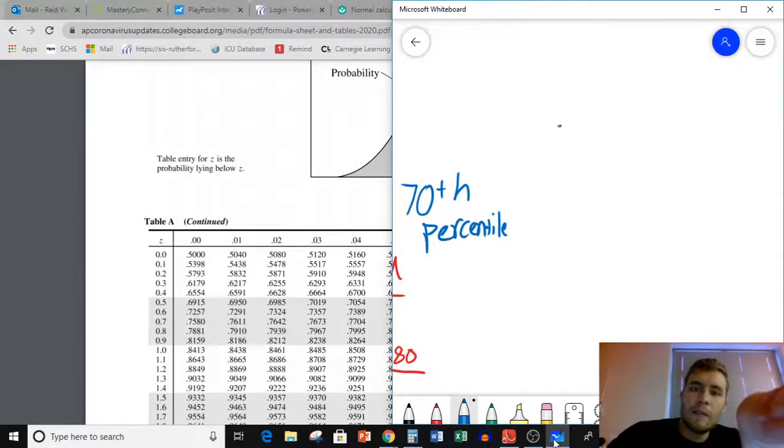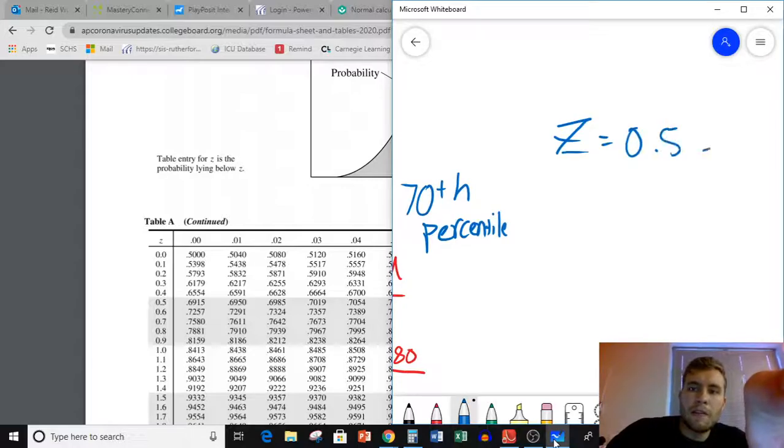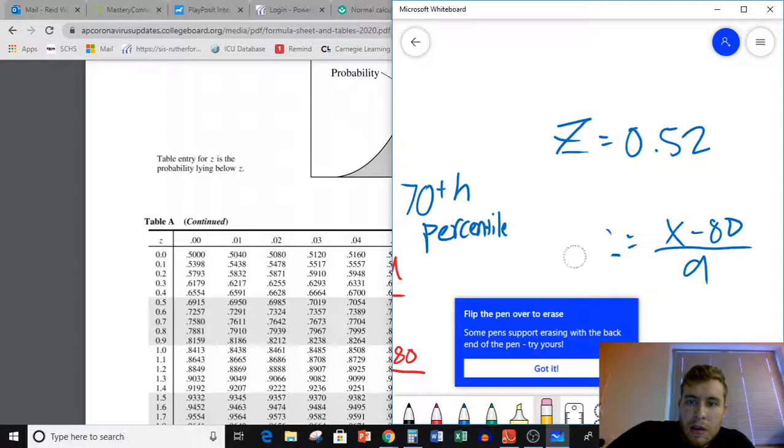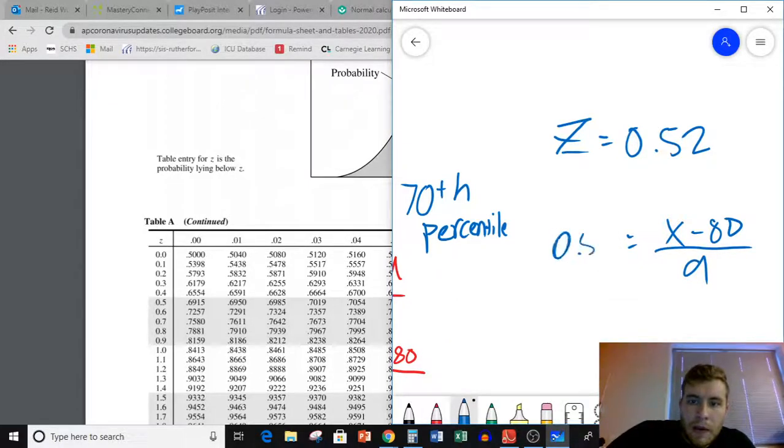So we have 0.52, so we know that z equals 0.52. So let's go ahead and solve it again. So 0.52 equals, we have x, which we're trying to find, minus 80 over 9. I have written this wrong. It's 0.52.